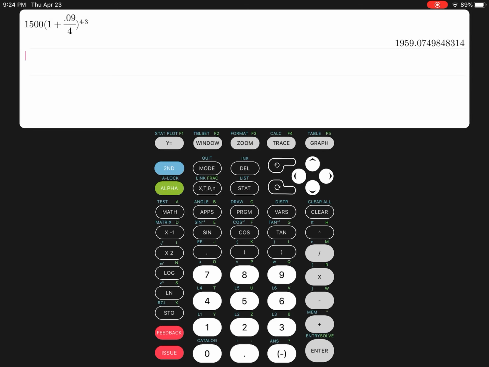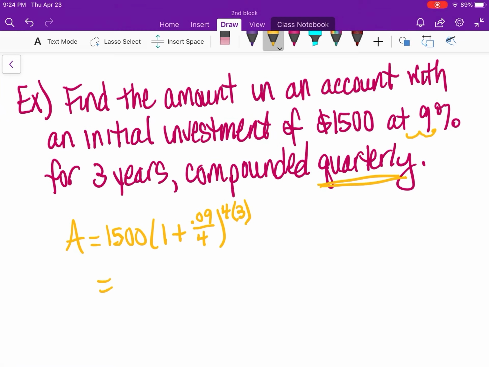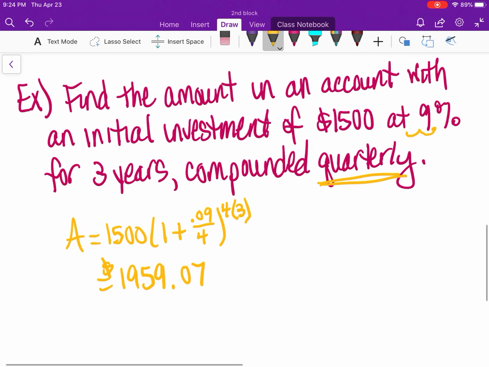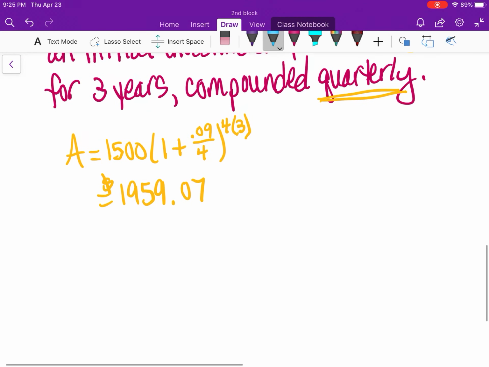And there it is, $1,959.07. So if there's $1,959.07 in the account, how much interest was earned?